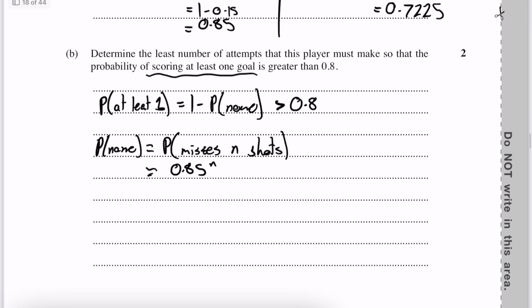So what we need to figure out is when 1 minus 0.85 to the power of n, which is the probability that at least one shot is made in n attempts, is greater than 0.8.